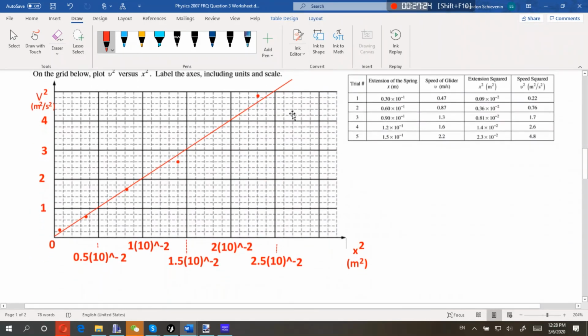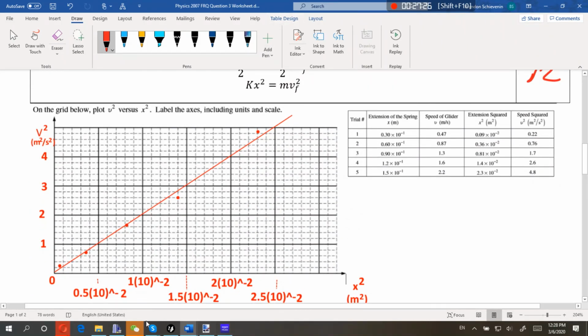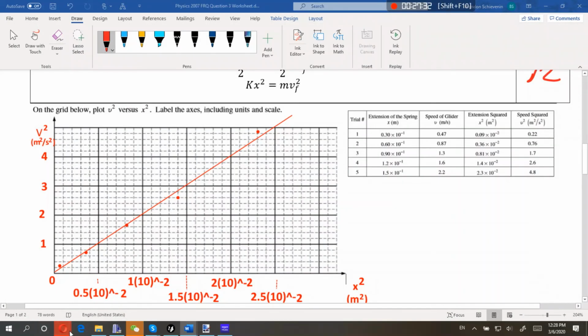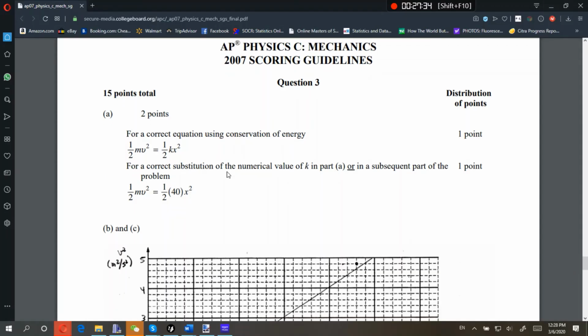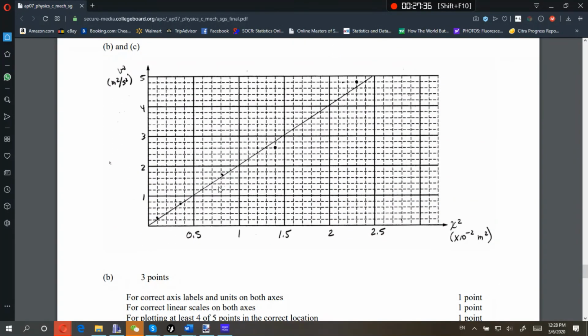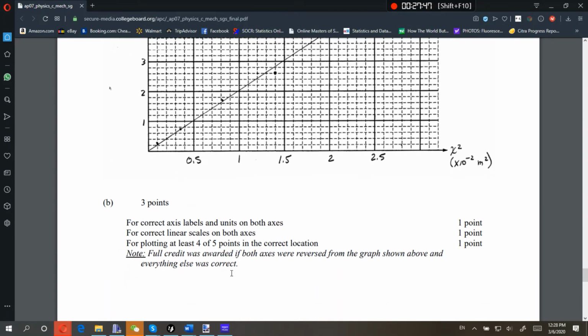Okay, then the grid. Our grid: axis labels m squared over s squared. Linear scales, plots 4 out of 5 in the right place.